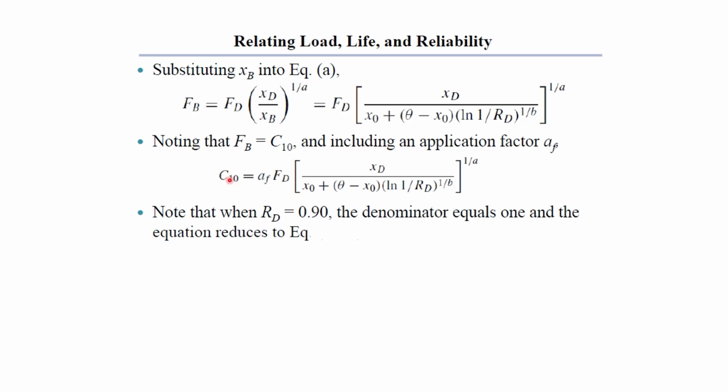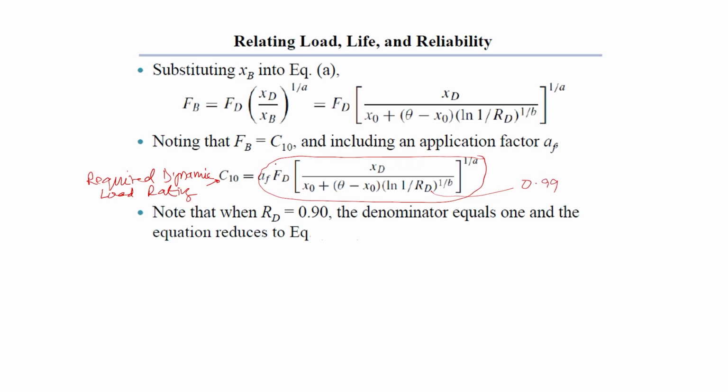So, Fb will equal C10 and that will be the required dynamic load rating. So, required dynamic load rating C10 is equal to this equation. Knowing all this, you will get the required C10 as per the required reliability Rd, and our required reliability is 0.99.